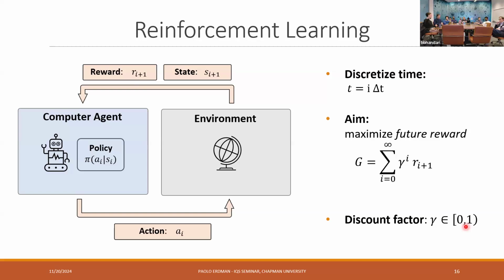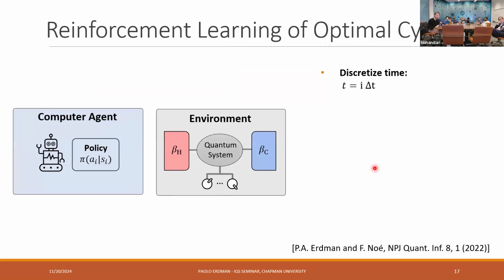If gamma is close to 1, we're really summing all the rewards in the future, so we're doing long-term planning. Whereas if gamma is close to 0, this would decay exponentially really fast, so we're just optimizing over a few steps. So it determines how far into the future we want to optimize. So we applied this to the optimal control of these quantum heat engines in the following way.